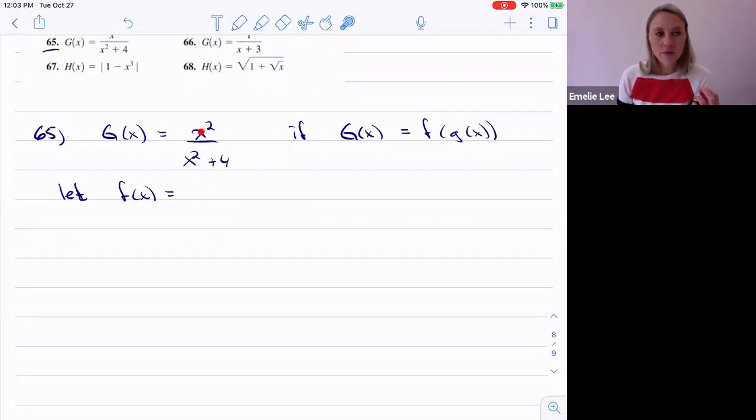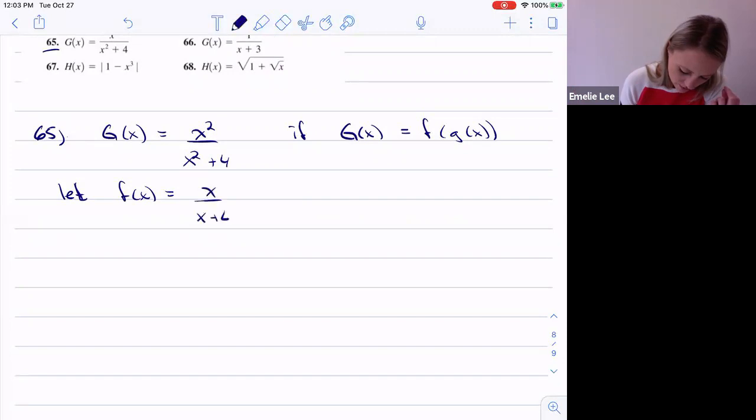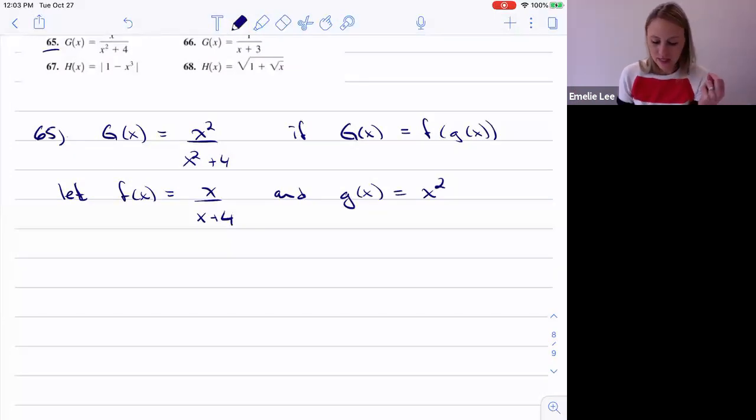So if I let f of x be x over x plus 4, and let g of x be x squared, then f composed with g of x is x squared over x squared plus 4, which is exactly what I wanted. So this is an option. There are other options, but this is the most obvious.